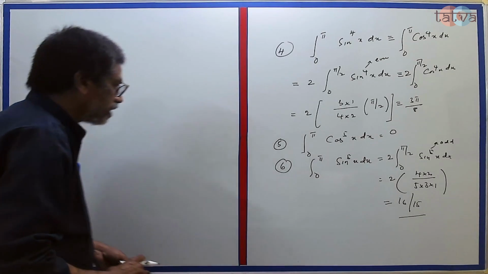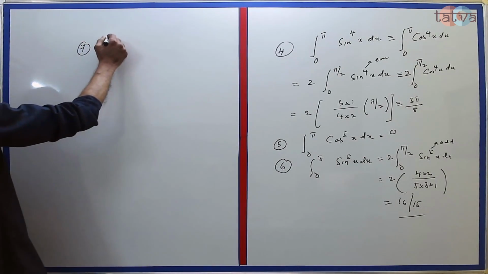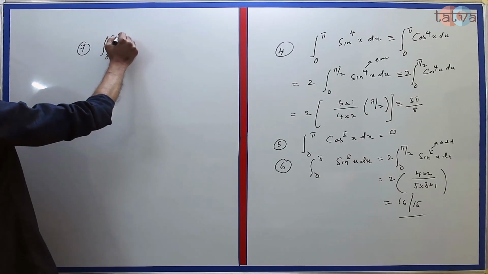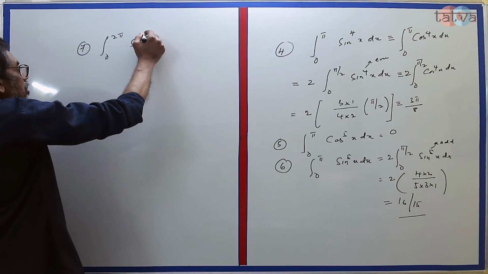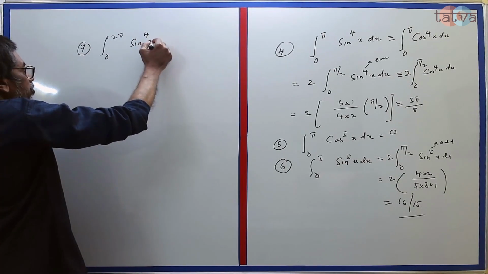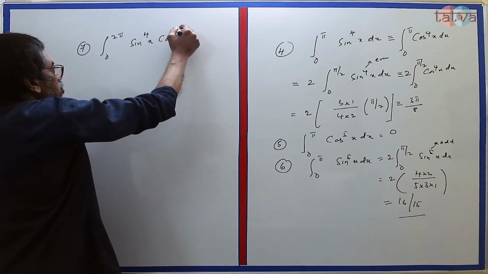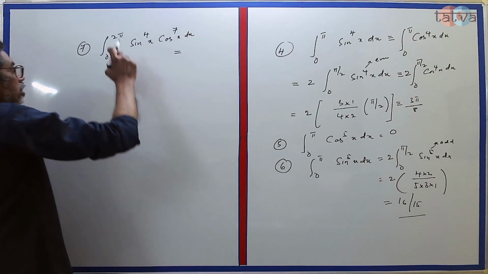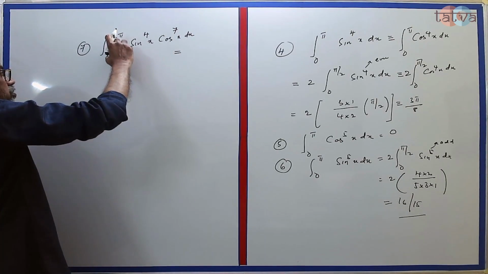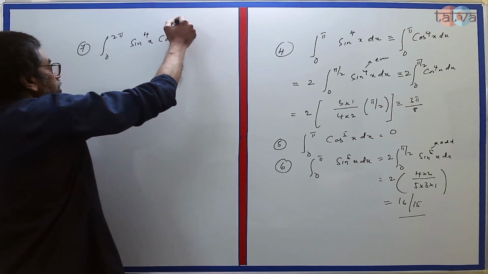In my next example, let me go to a 0 to 2 pi situation where I have, let us say, sine power 4x, but I'll make it some cos power 7x dx. In the 0 to 2 pi range, observe the power of sine and cos. Any one of them is odd.